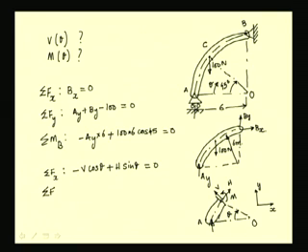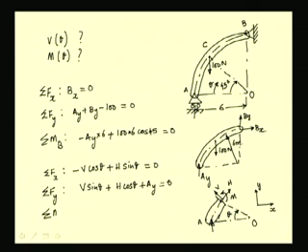Now, summing the vertical components, we have V sin theta, which is positive, plus H cos theta, which is the component of this force in the vertical direction, plus AY equal to 0.